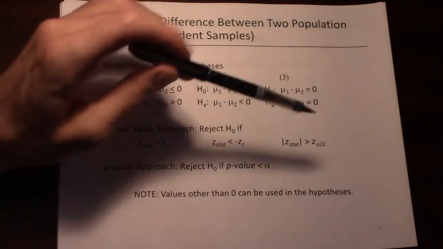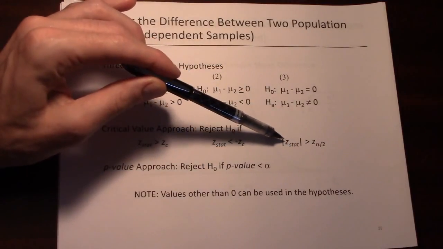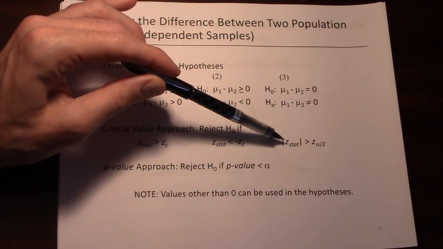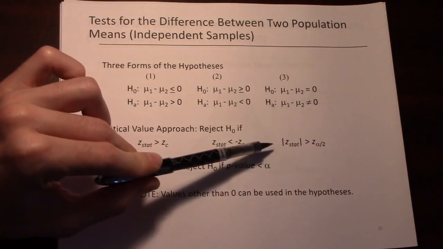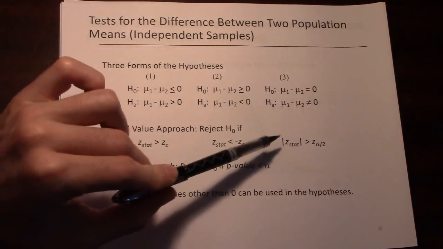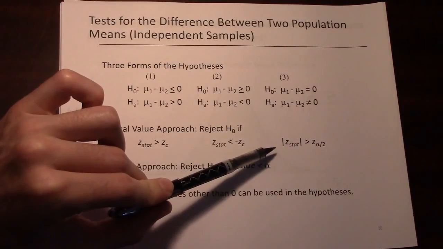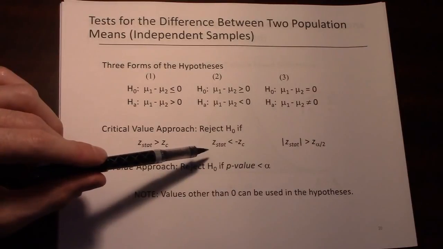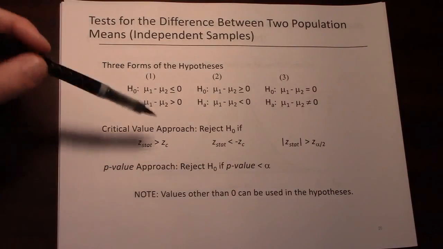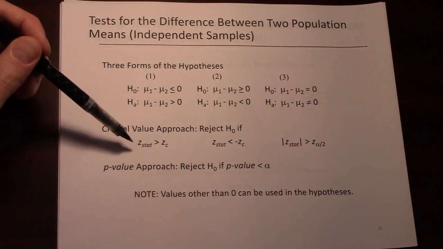If it's a two-tailed test, we find the area under the curve associated with that z-stat and double it. If it's a one-tailed test, we find the area under the curve and we do not have to double it. Same rationale, same logic as before.